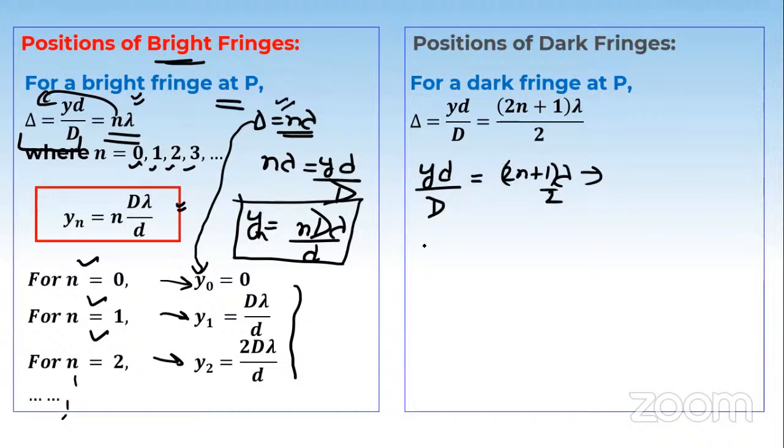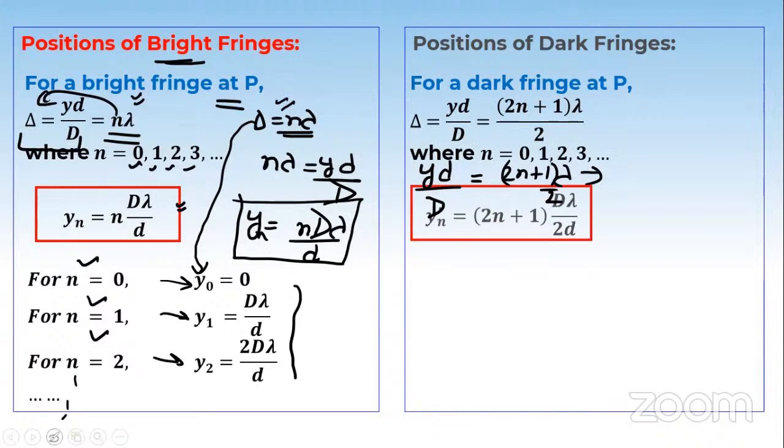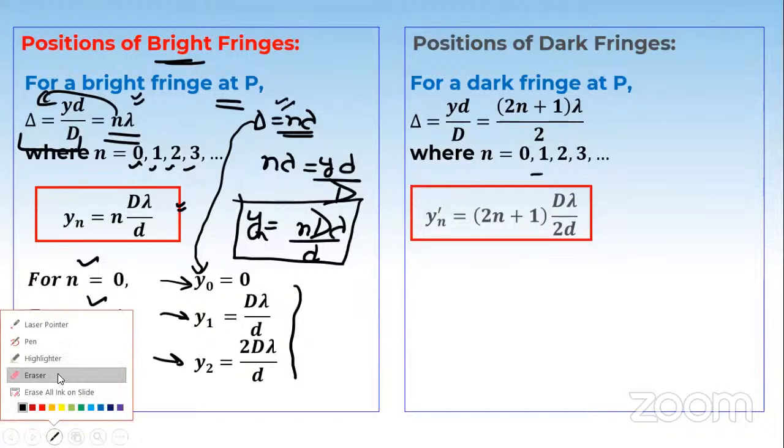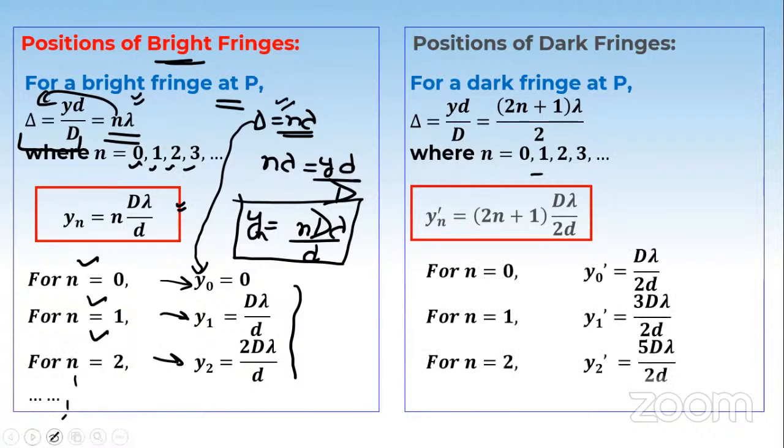From this we'll get different y values. Now, can anybody guess what these y values will give? Students, these y values will give you different positions of minimum.